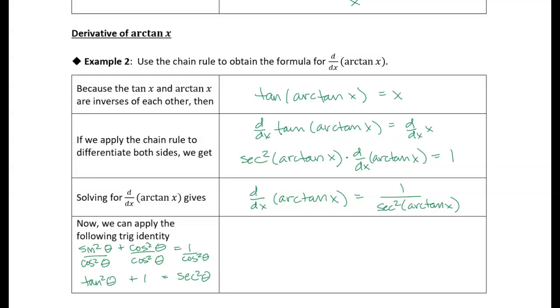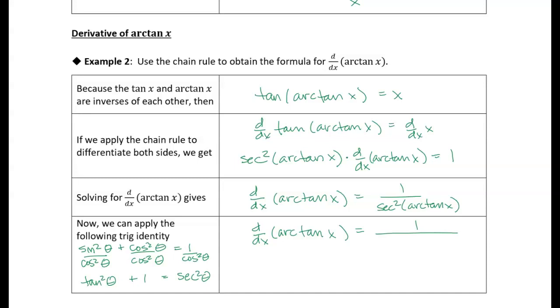So let's use this to simplify the derivative here. I'm just going to rewrite the derivative of the arctan of x as equal to 1 over, and I'm going to replace secant squared with this Pythagorean identity.